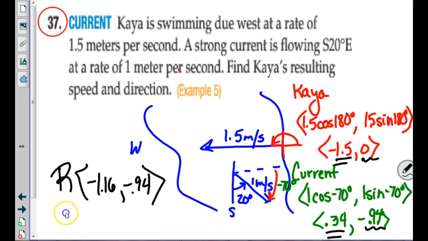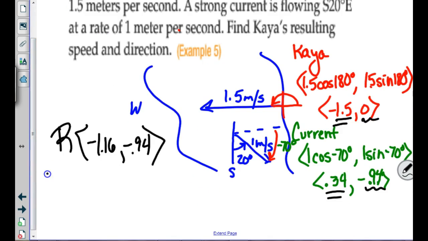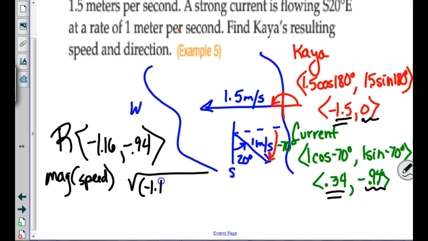Okay, so how do we find the magnitude or speed? Pythagorean theorem. Magnitude or speed is just the square root of, I would just leave off the negatives when I typed, because then you don't have to use parentheses. So if you just type 1.16 squared plus 0.94 squared, and then square root that, I got 1.49.